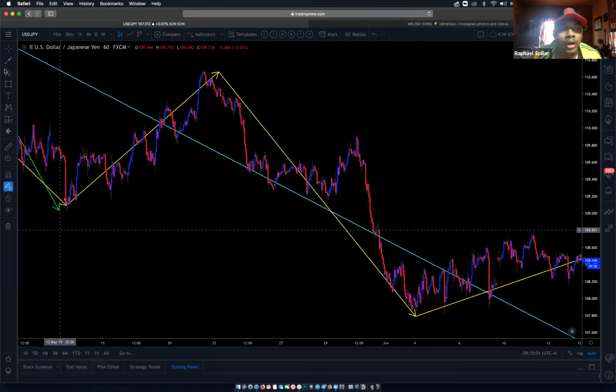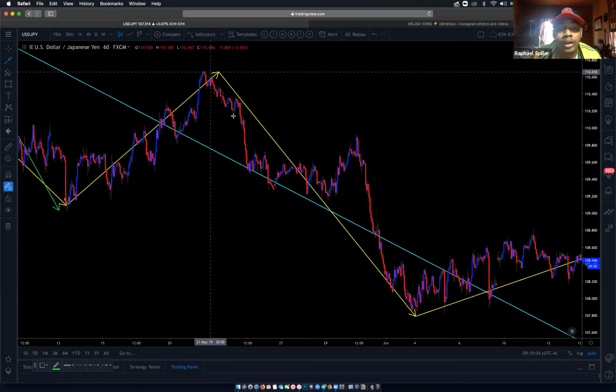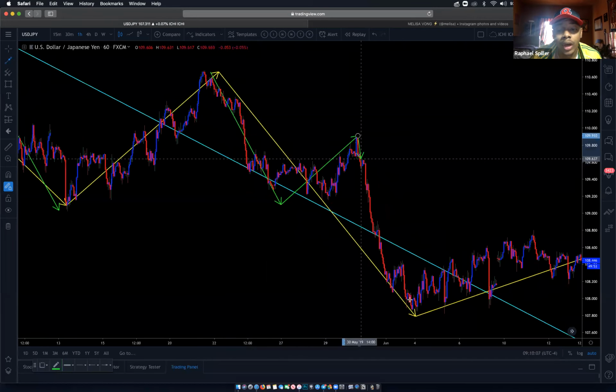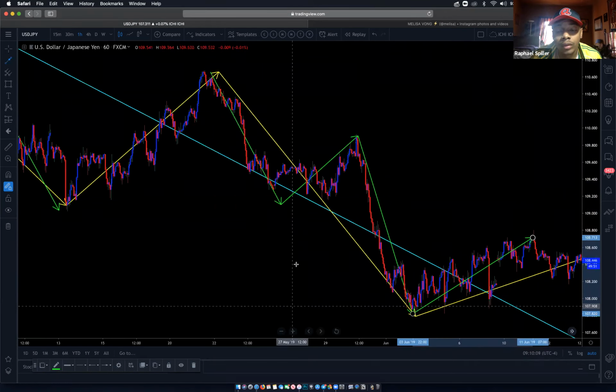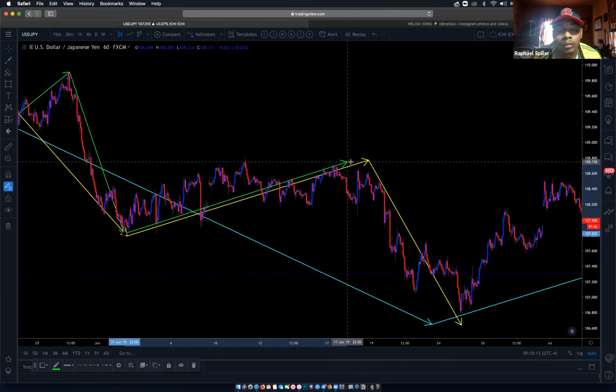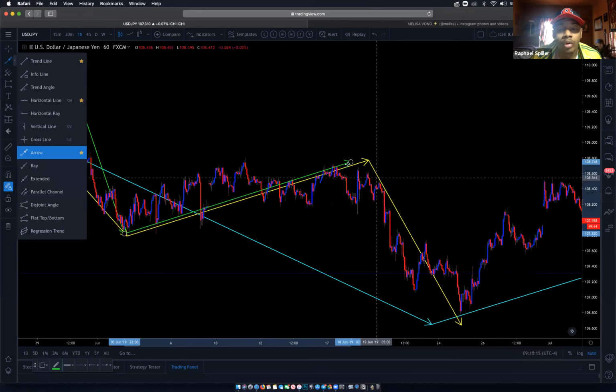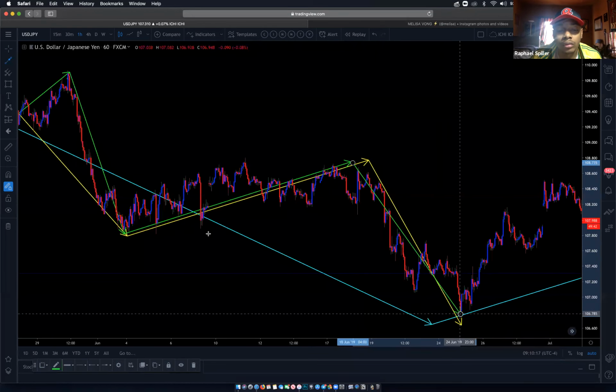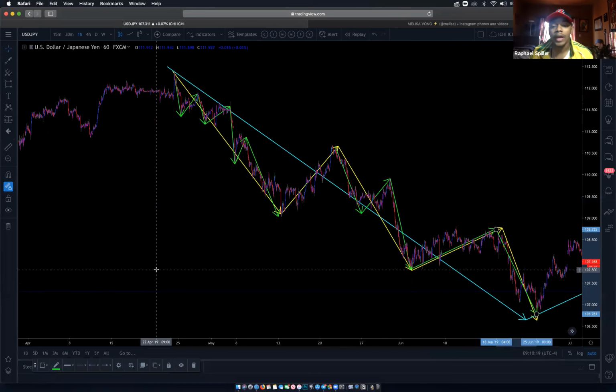And we can do this all day. This is how you know the difference between a higher time frame and a lower time frame, support, impulse and correction, right? That's how you know the difference.